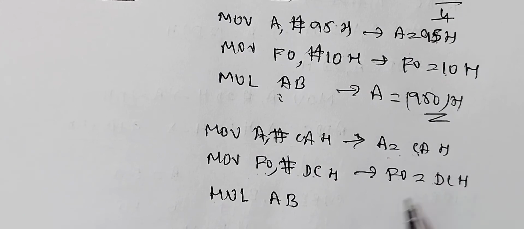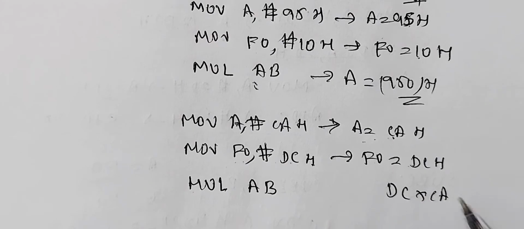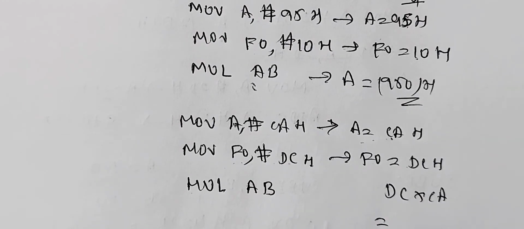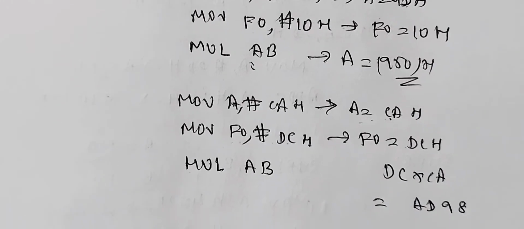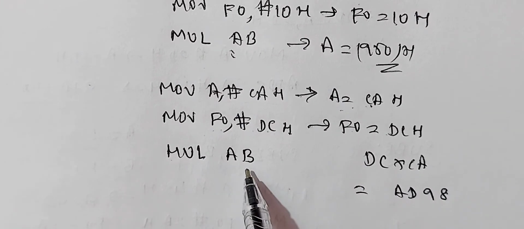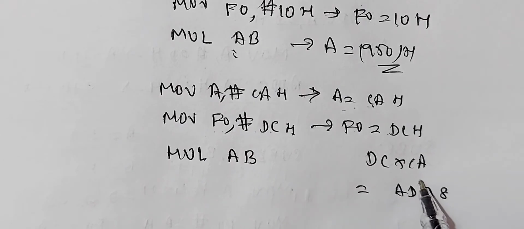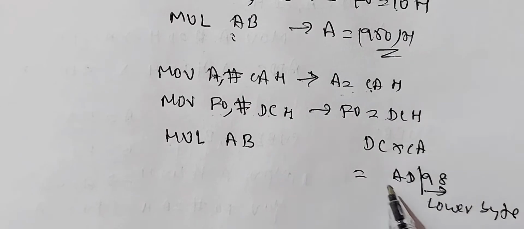When you multiply these two, the result will be AD98. You get 16 bits, but A is 8-bit and B is 8-bit. Therefore, divide the 16 bits into two parts. This is the lower byte. This is the higher byte.